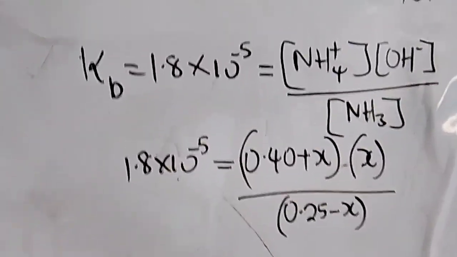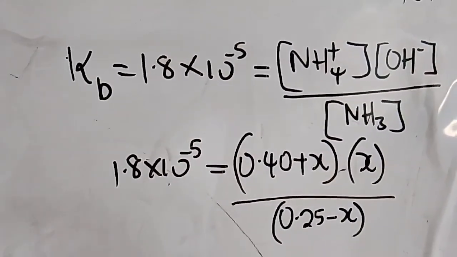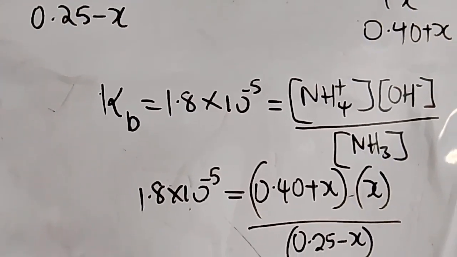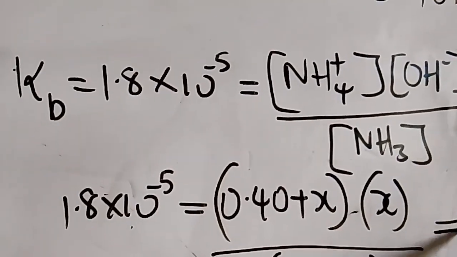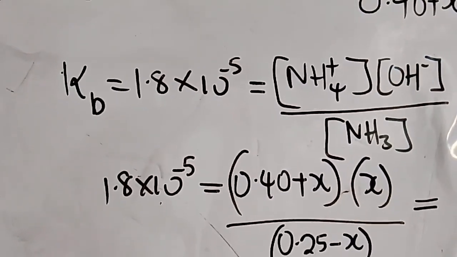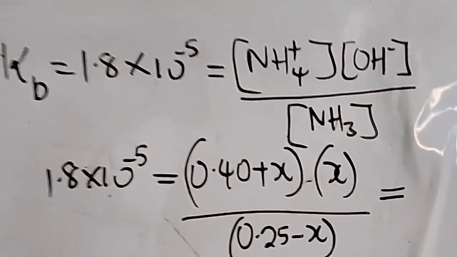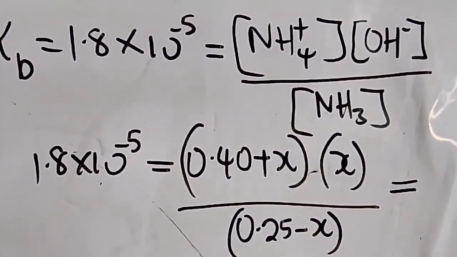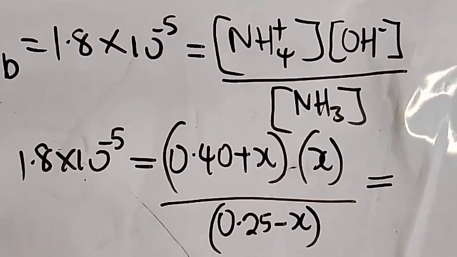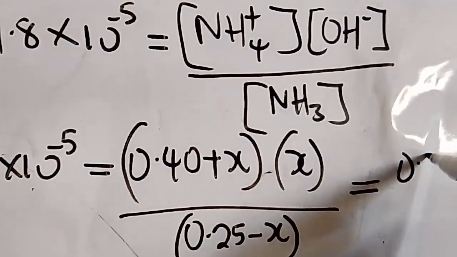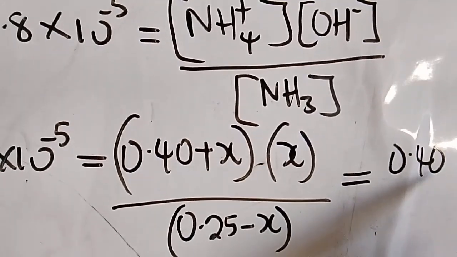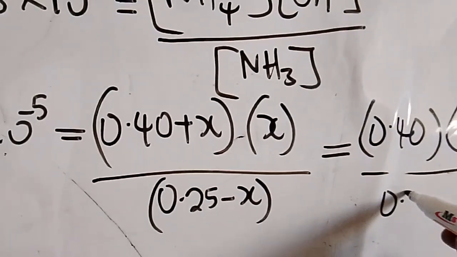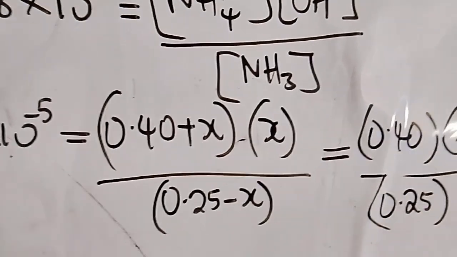Okay, so we now use the assumption that X is so small, so therefore we can neglect X by applying the 5% rule. This X is so small compared to these values. So we have 0.40 X over 0.25.